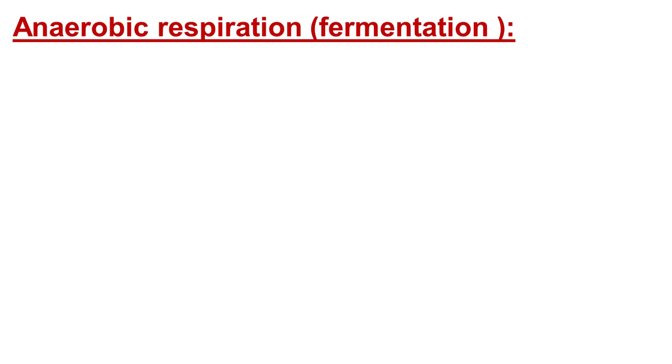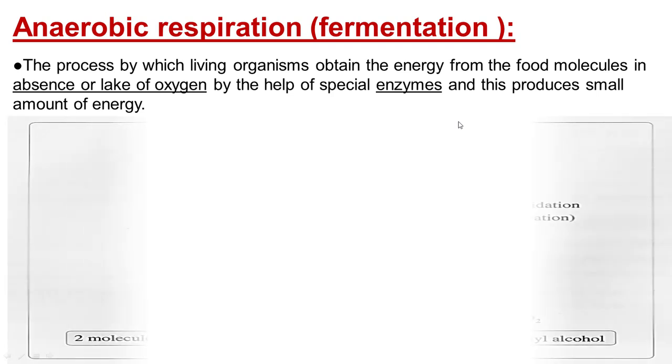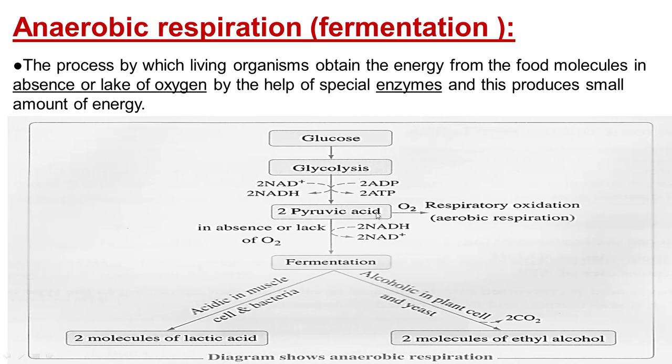Anaerobic respiration, or fermentation. This process occurs after glycolysis, after the formation of pyruvic acid. It happens in some parts of the human body like muscles, and also inside bacteria, and inside fungi like yeast. It is the process by which living organisms obtain energy from food molecules in the absence or lack of oxygen, with the help of special enzymes, and it produces only a small amount of energy, as said before, 2 ATP. Glucose goes through glycolysis to pyruvic acid.